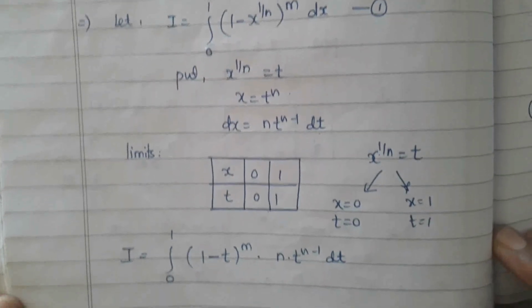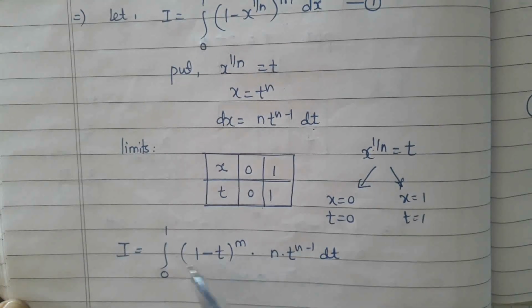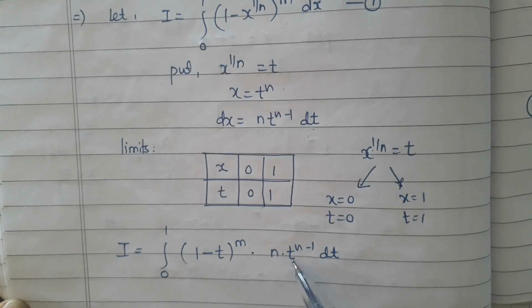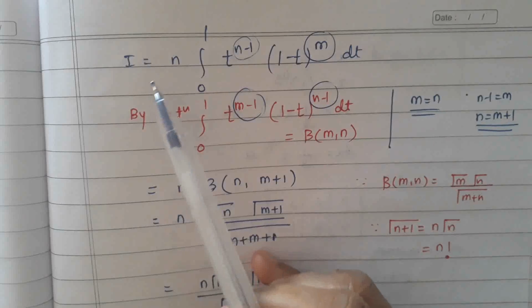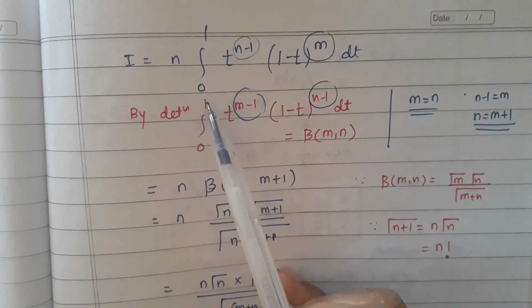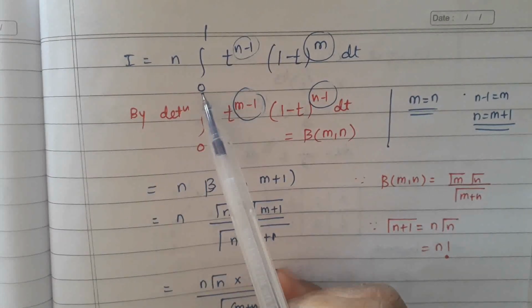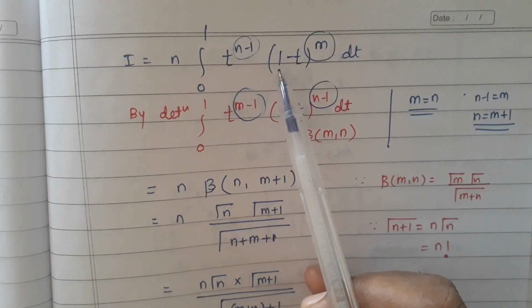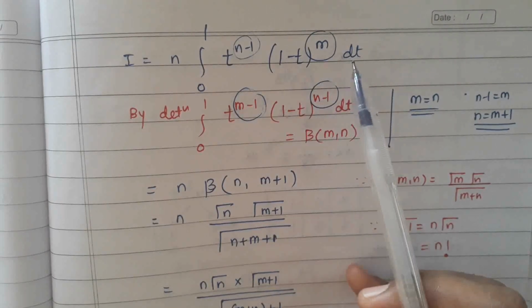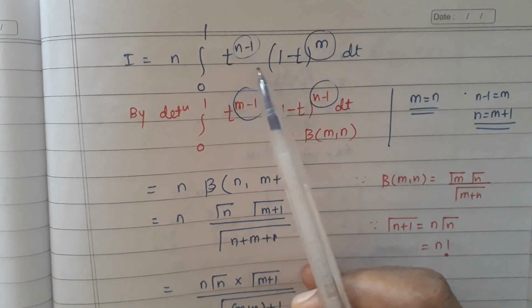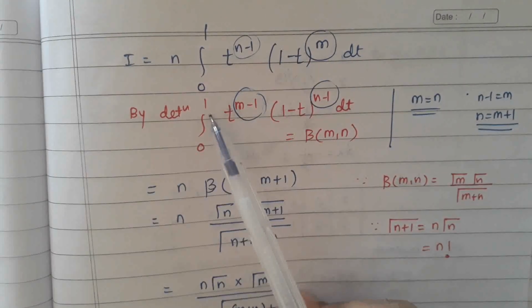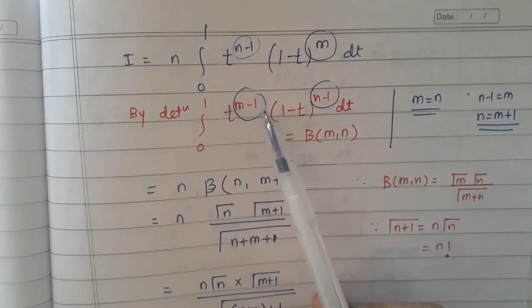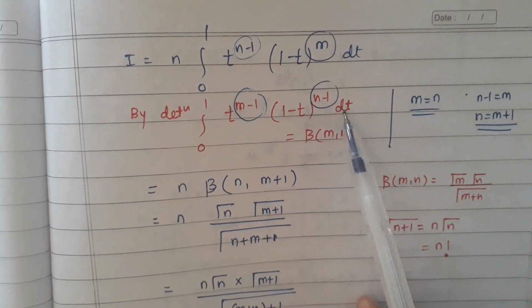So the next step is in front of you. Using all this substitution, 0 to 1 of (1 minus t) raised to m into n t raised to n minus 1 dt. This integral can be written as, n is the constant, take outside, I is equal to n into integral 0 to 1 t raised to n minus 1, (1 minus t) raised to m dt. Compare this integral with the definition of beta function, integral 0 to 1 t raised to m minus 1, (1 minus t) raised to n minus 1 dt.